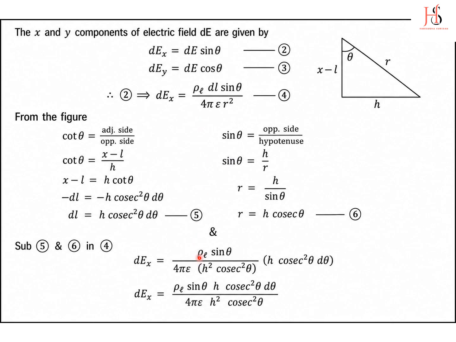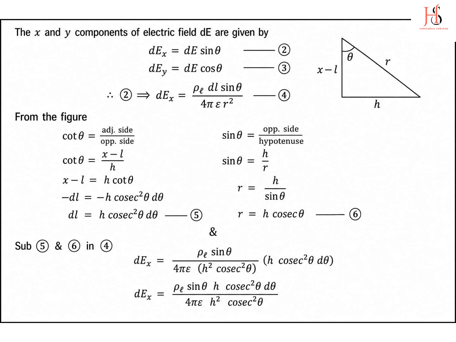Rho L retains the same, and sine theta as it has come, and 4 pi epsilon as it is. Now we can write it as rho L sine theta h cosecant square theta d theta divided by 4 pi epsilon naught h square cosecant square theta.